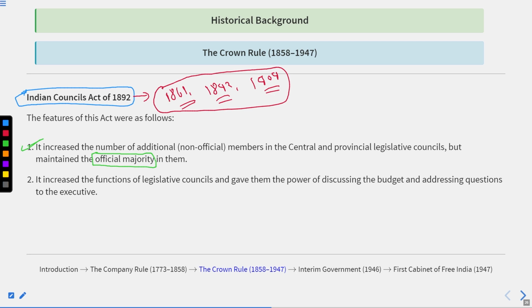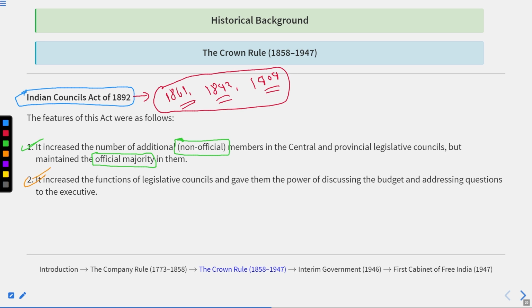These were persons who had the privilege to discuss facts and figures during the meetings but did not have voting rights. In 1892, the Britishers brought more and more Indians into the council as non-official members, did not provide them with voting rights, but still maintained the official majority.